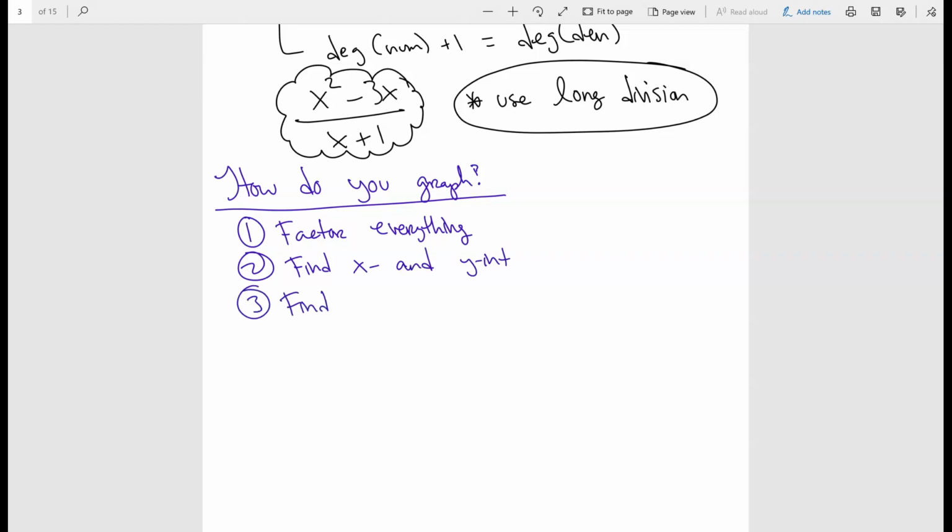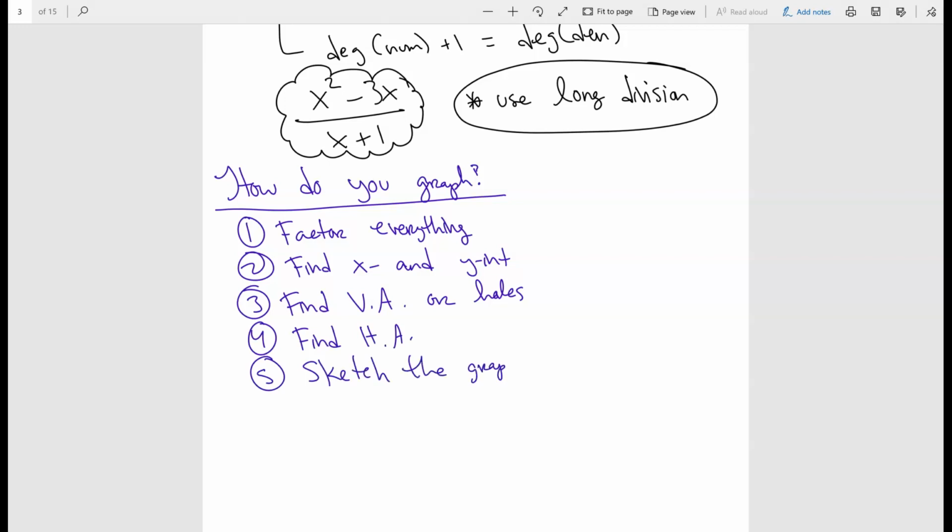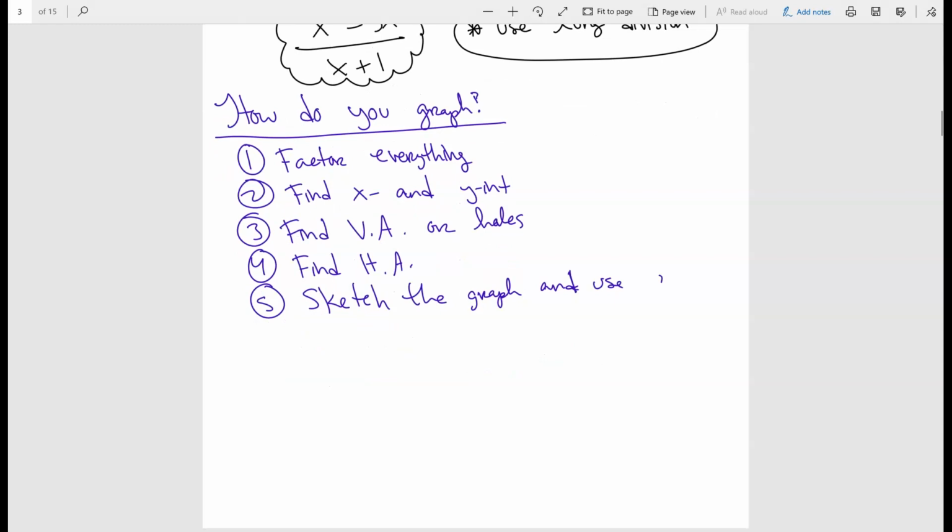Then find the vertical asymptotes, or holes. This is if things cancel out. Find horizontal asymptotes. And then finally, sketch the graph, and use any additional points if necessary. So if necessary, you want to be able to use any additional points that you want. Okay?